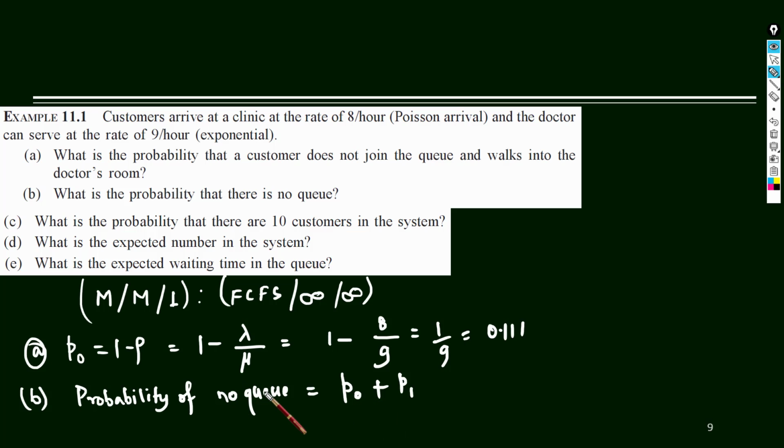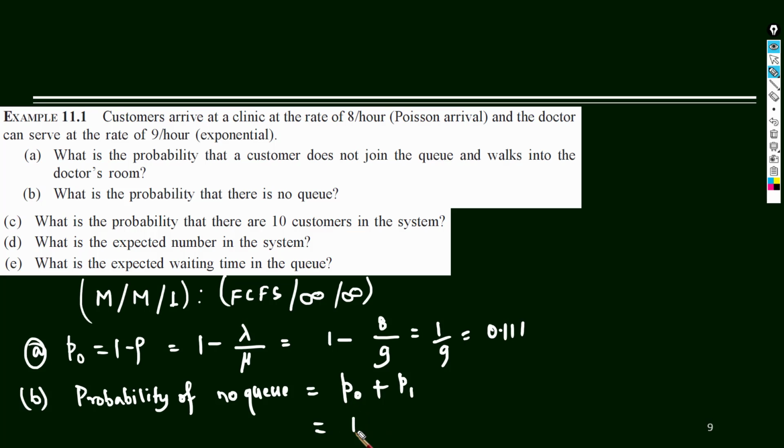So if there is no queue, that doesn't mean that there is no one in the system. Clear? There may be one customer who is getting served. So this is the complete probability.